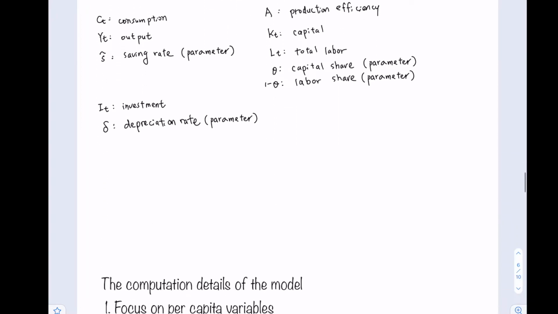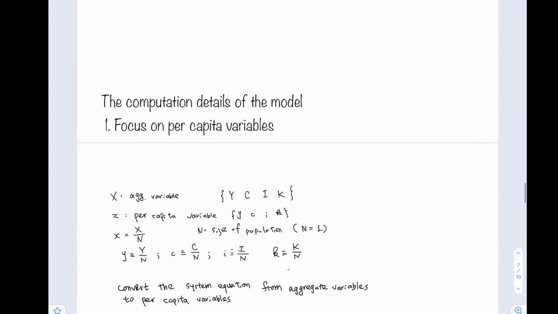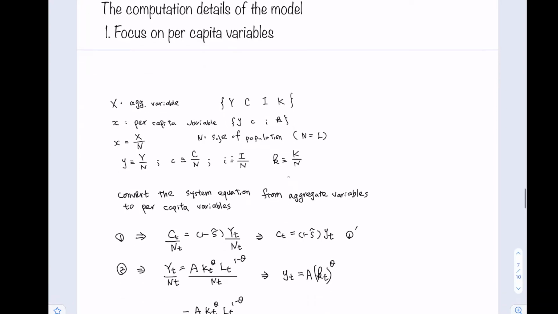Now let's move on to look at the computational details. We want to focus on the per capita variable, so we define the aggregated variable, and then we define the per capita variable by dividing the variable by the population size. Same thing as before.